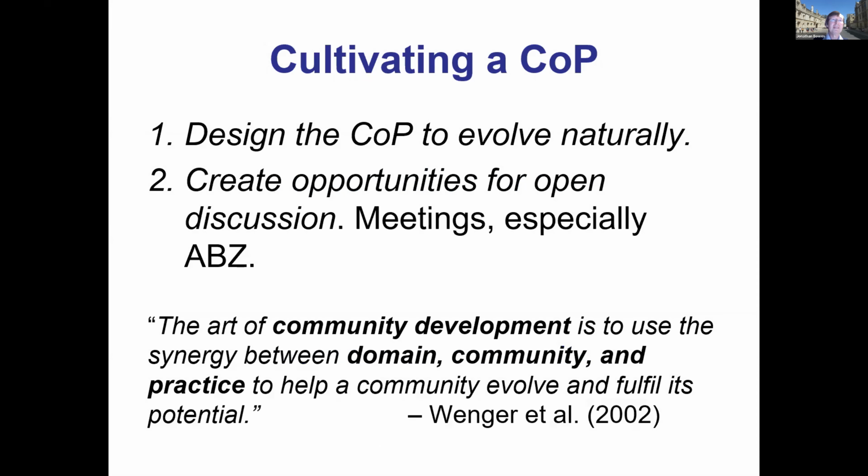So you need to cultivate your community of practice. So you've got to let it evolve naturally. I mean, you can't control everything, so people will write papers anyway, but you can try and help people do that and so on. So you can create opportunities for doing that, allowing discussion.